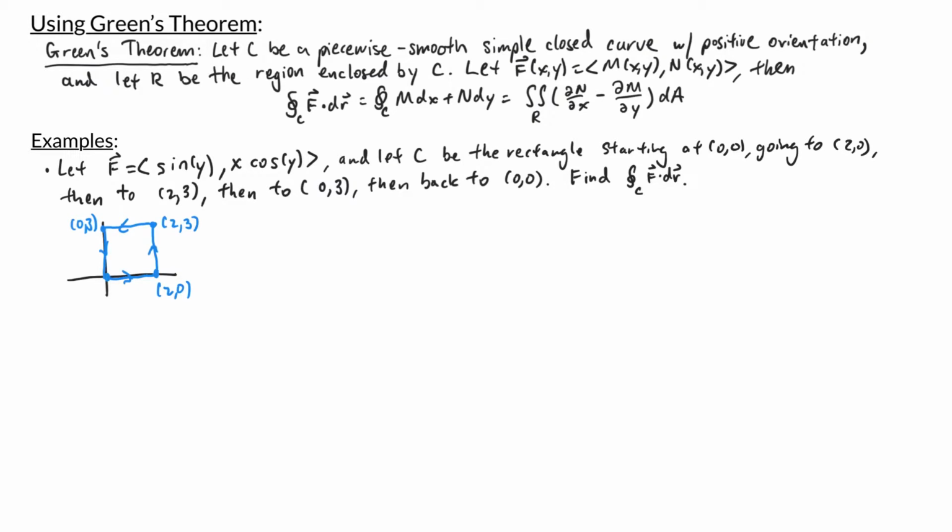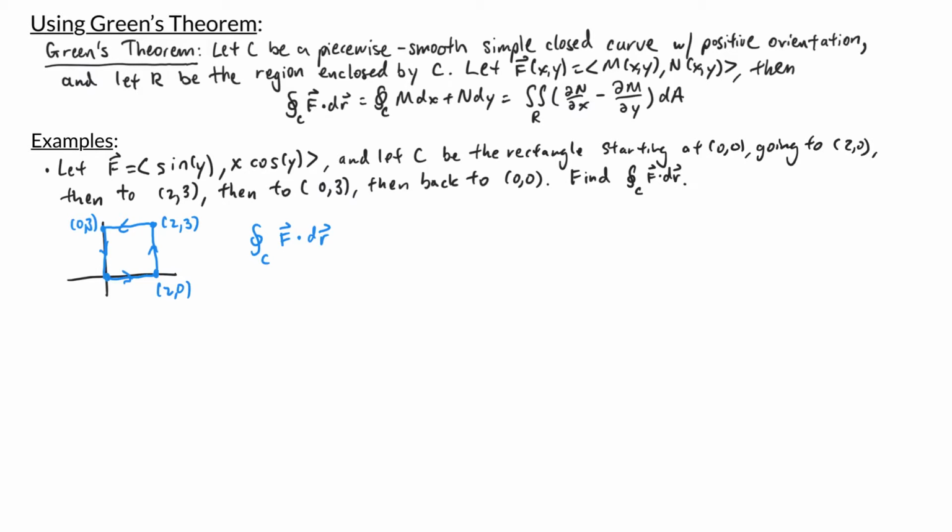So we want to calculate the line integral over C of f dot dr. Normally, to calculate this line integral, we would need to break up the curve into 4 pieces, each of the 4 line segments, and that could be a lot of work. But with Green's theorem, we can do all of this with a double integral.